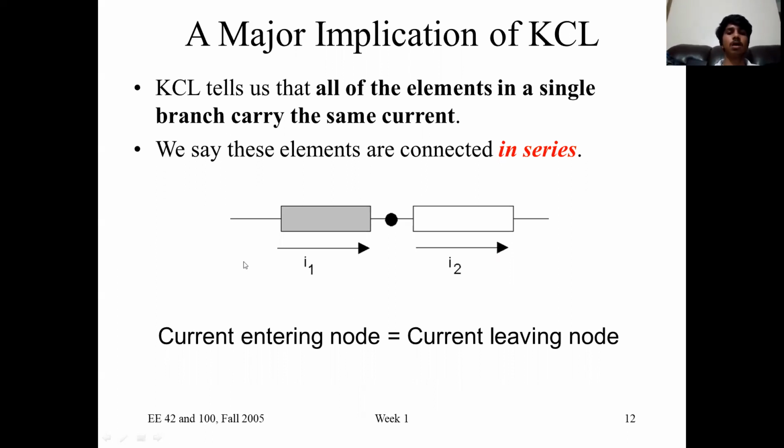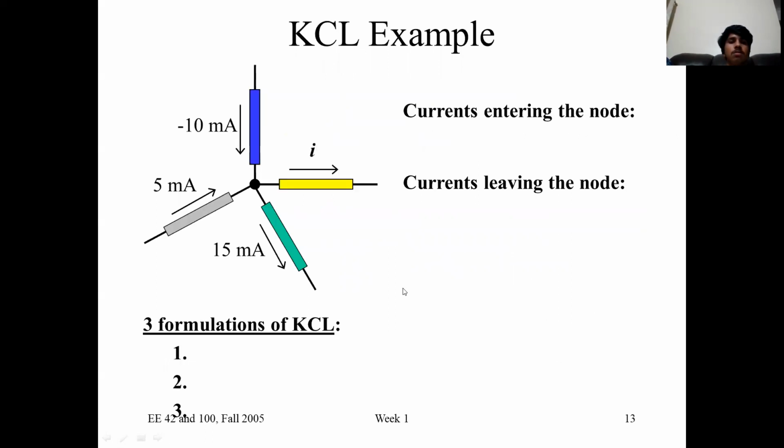That is, I1 is moving towards the node and I2 is moving away from it, and the dot connects both of the branches. So it is current entering the node equals current leaving, I1 equals I2. KCL example: currents entering the node, currents leaving the node.